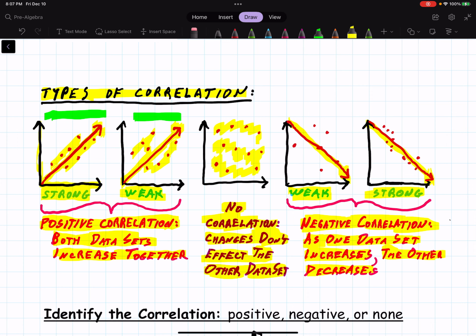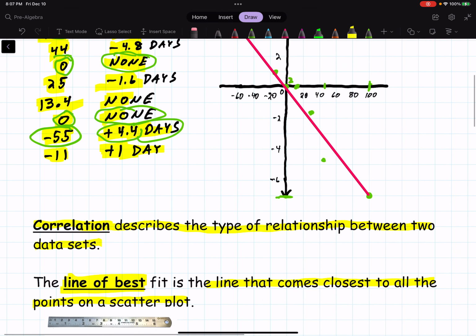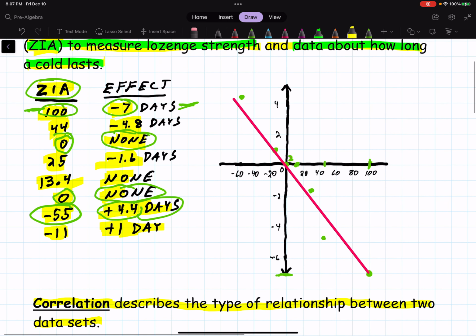All right, so now let's take an example. Since we have these, we now know what a positive and a negative correlation is, or no correlation. Let's take a look at our data from above, and let's take a look at our lozenge chart.